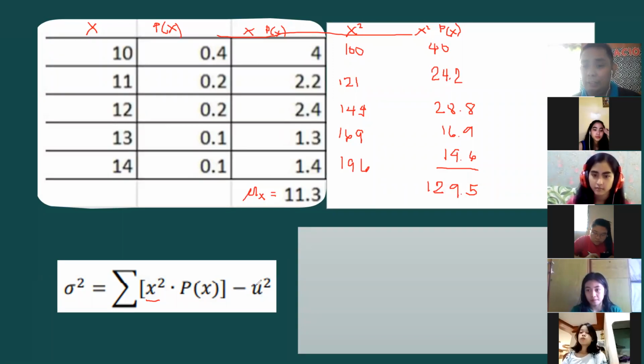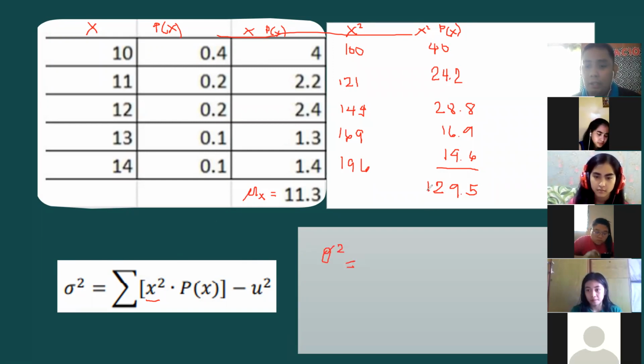Anong gagawin natin sa huling process natin? In order to find the variance, we start from the summation, which is 129.5, minus mu squared.